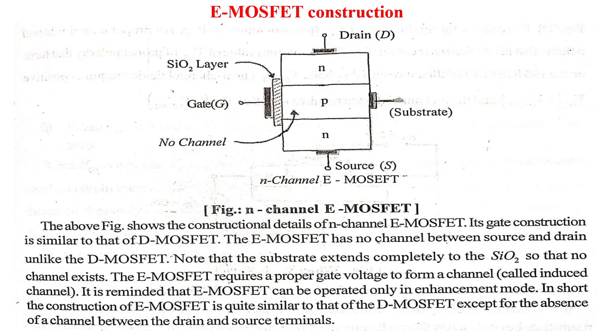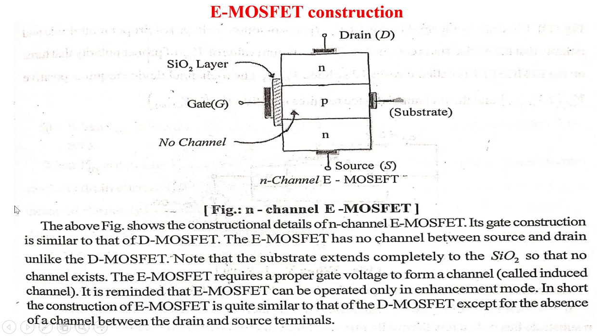The two N-type regions and the substrate form back to back PN junctions, this is one PN junction and this is another PN junction as shown in the figure. This is connected through the substrate resistance. The figure shows the construction of this N channel E MOSFET.